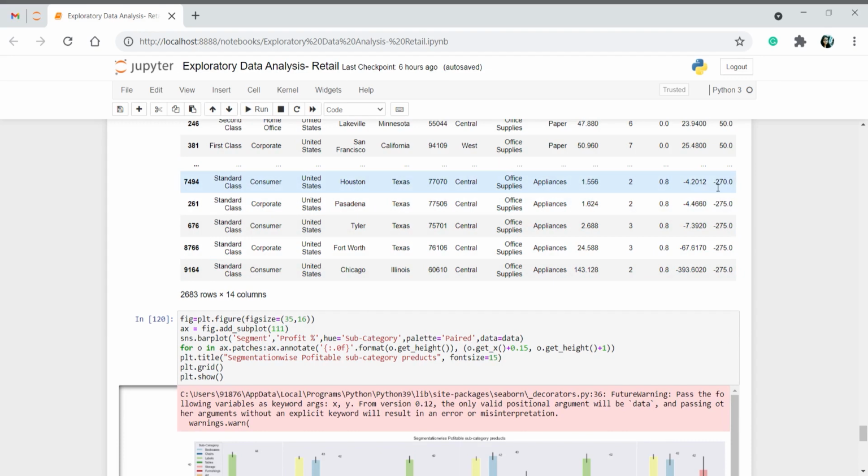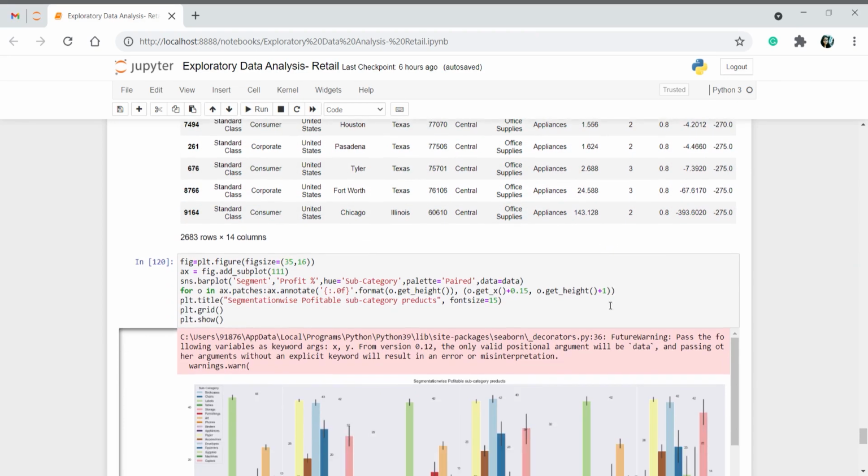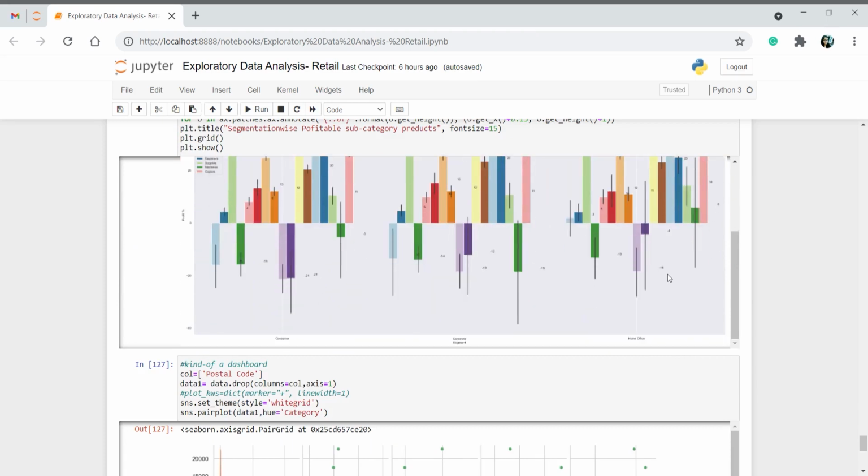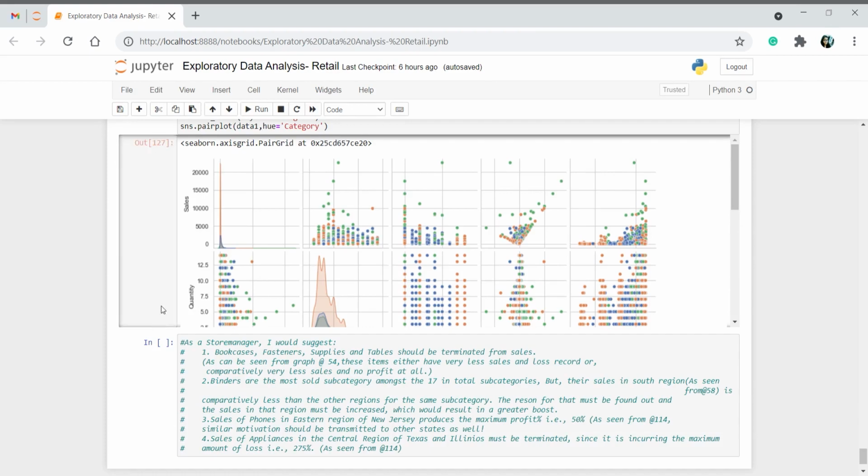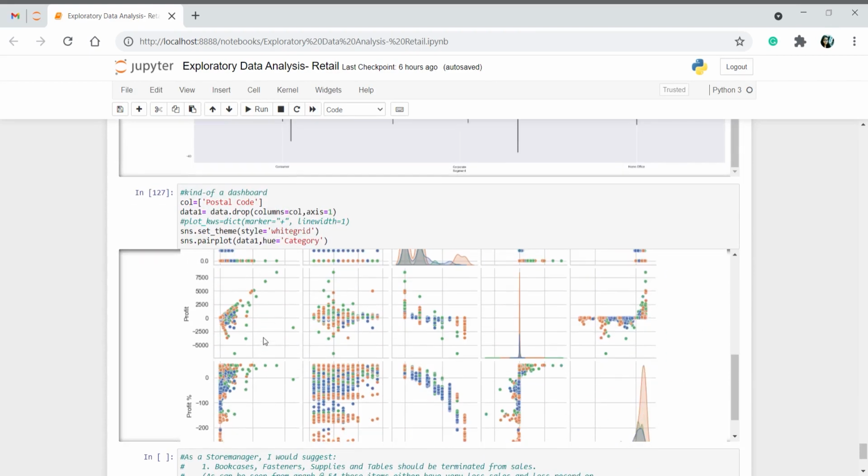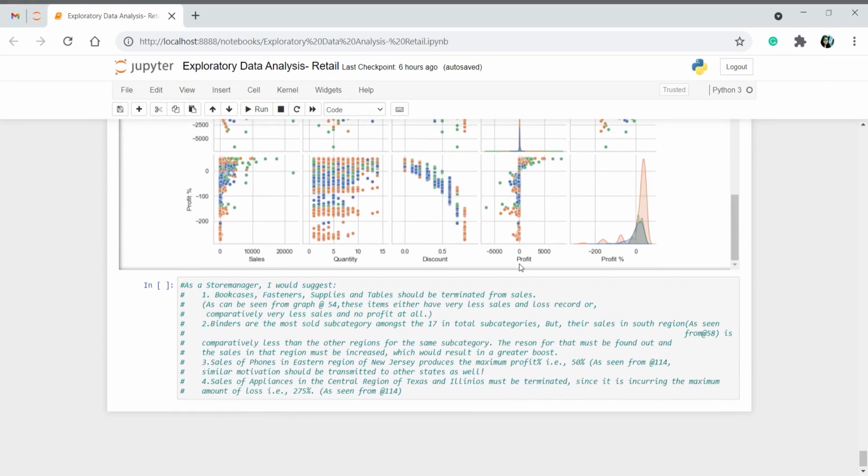They are actually incurring a very huge amount of loss. This is another segmented bar chart, and this is our dashboard. Here, all the five parameters are plotted against each other.